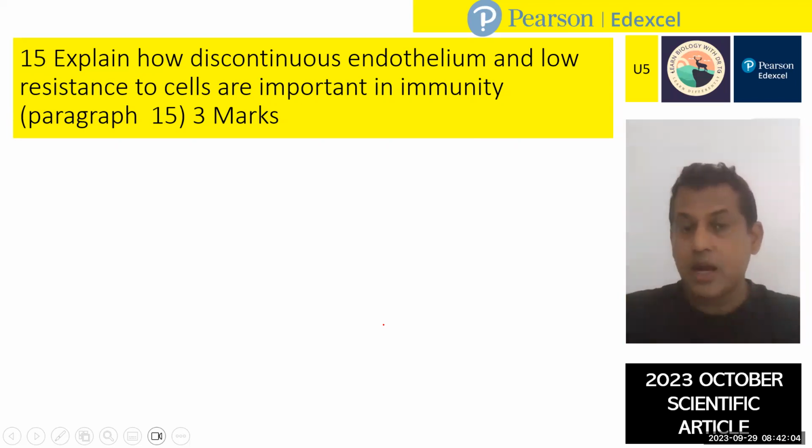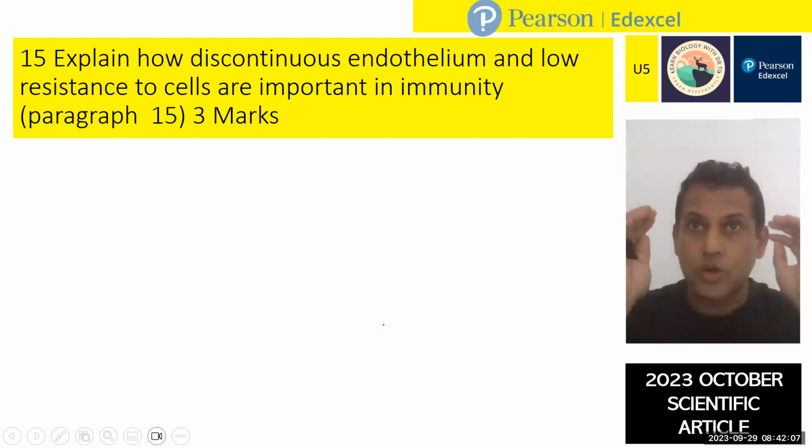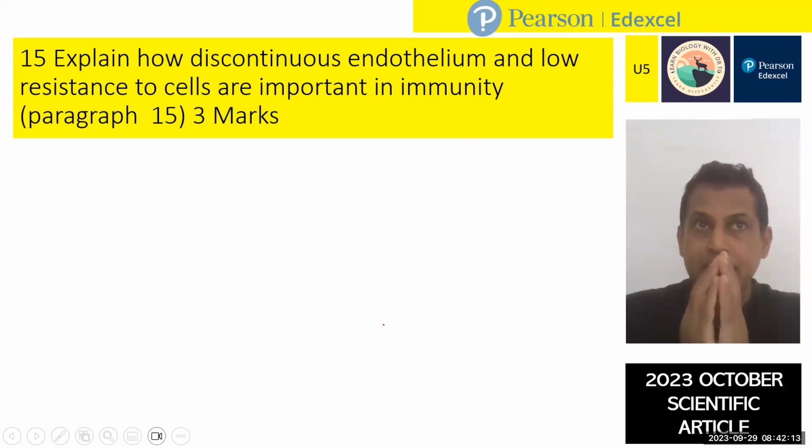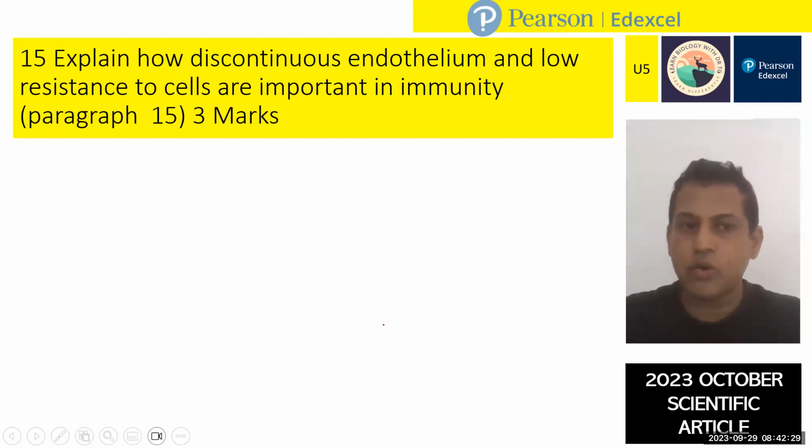So that article introduced fascia as a solid sensory organ, and the lymphatic system is introduced as a liquid sensory system. But here we are going to check other functions, how it links to immunity.